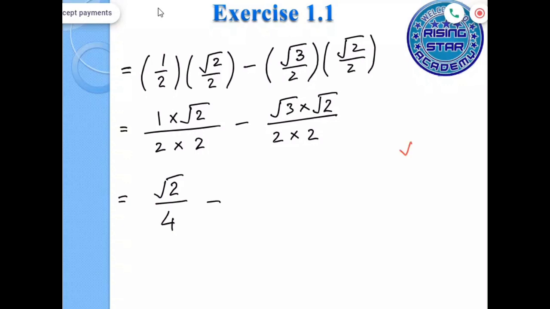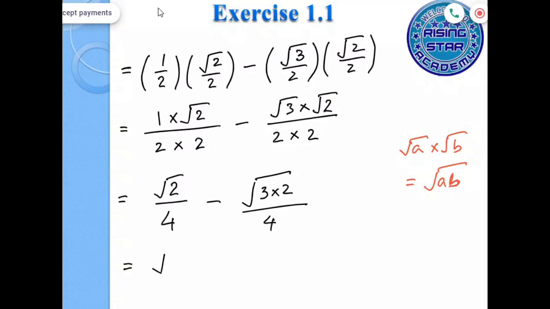For radicals, we know that a radical multiplied by b radical would be equal to radical of a b. So it means we will multiply them. So now we will do the same thing. That would become 3 multiplied by 2 over 4. The next step is square root 2 by 4 minus square root 6 by 4.